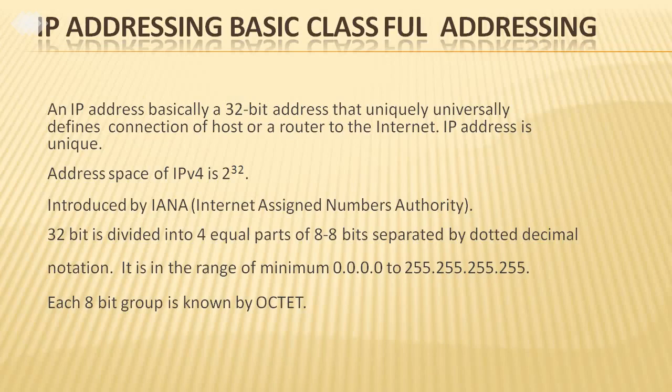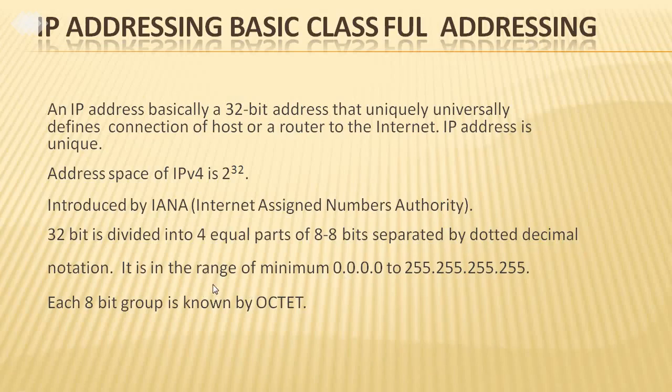These IP addresses are unique, and the address space of IP version 4 is 2 raised to power 32, introduced by IANA, the Internet Assigned Numbers Authority. It consists of 32 bits divided into 4 equal parts of 8 bits, separated by dotted decimal notation.